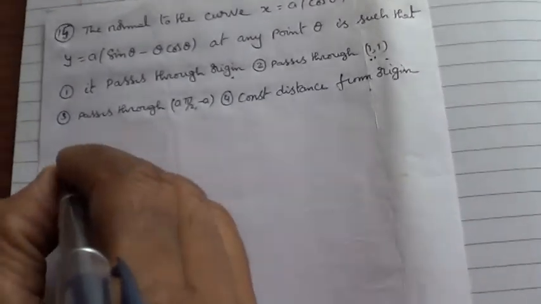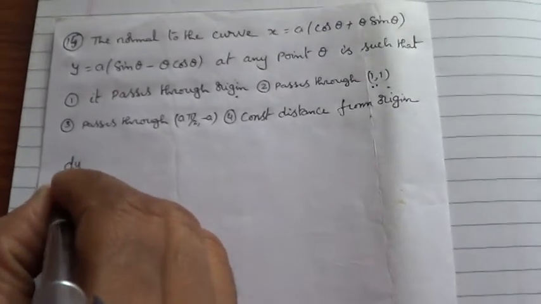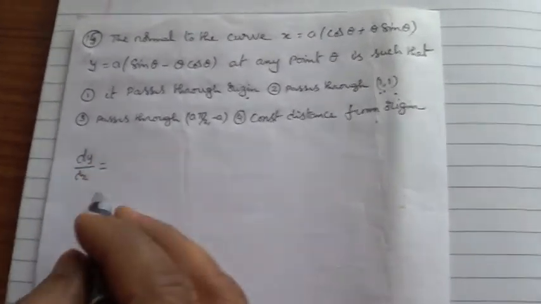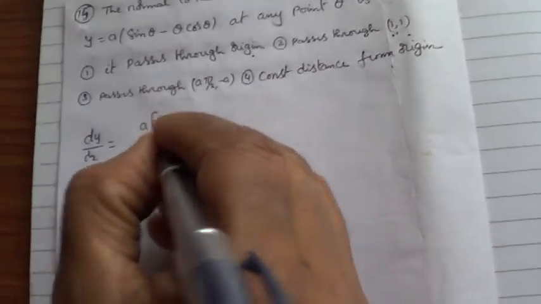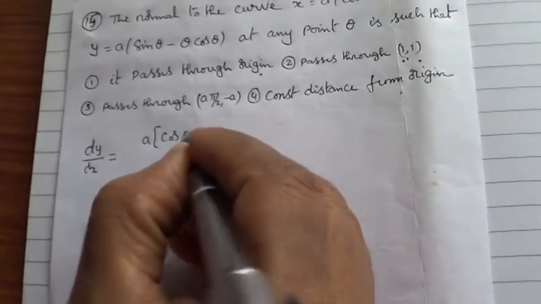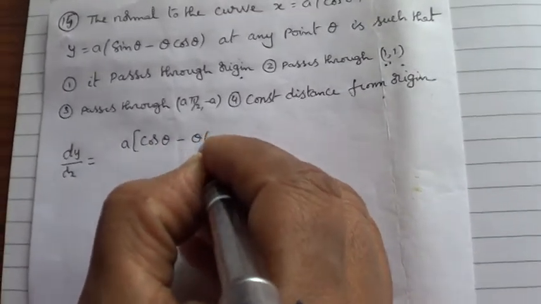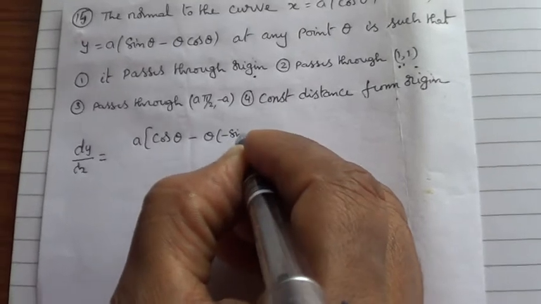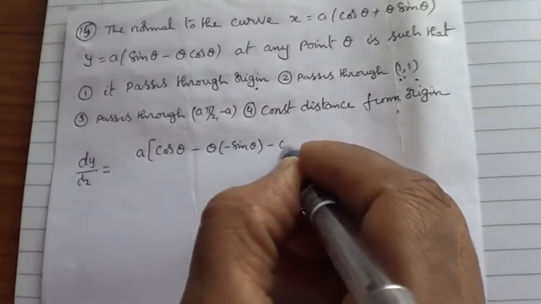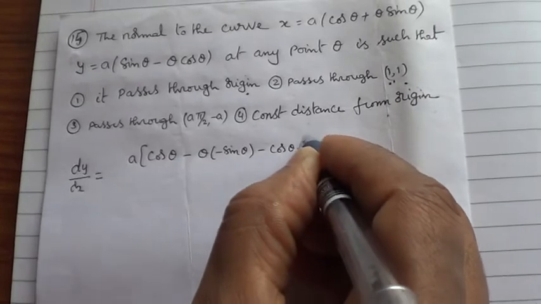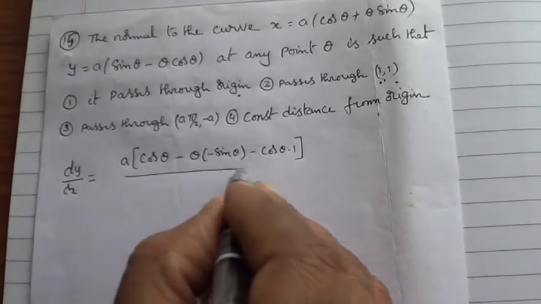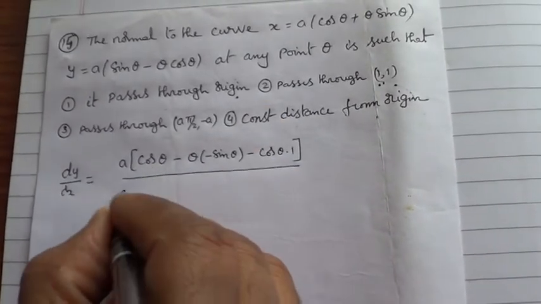For finding the normal equation we require dy by dx. Dy by dx is equal to a into sin theta, differentiation is cos theta, minus theta into cos theta, differentiation is minus sin theta, minus cos theta into theta differentiation 1. That is dy by d theta, next dx by d theta.